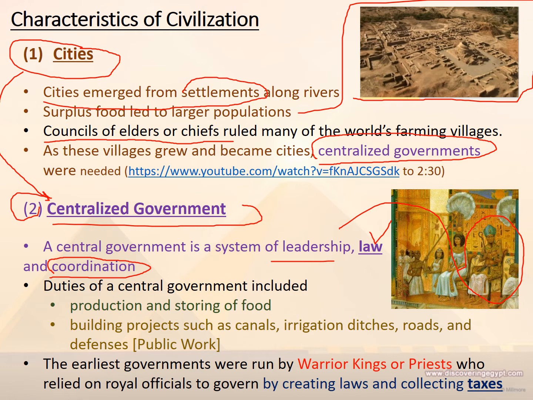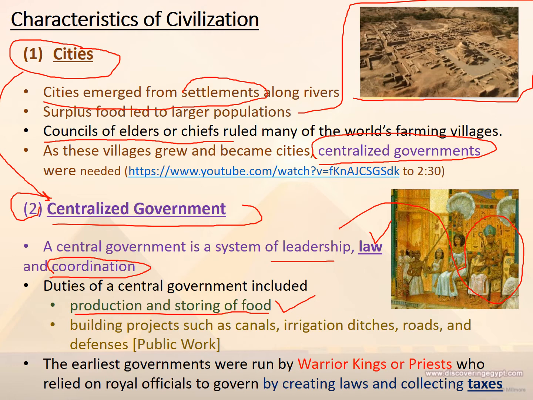So these earliest governments formed, one of the huge reasons why they were successful is they controlled production and storing of food. When these early cities have a surplus of food, people might just be like, oh, let's party, let's hang out, or let's store it, and then it would not be stored properly and get wasted.